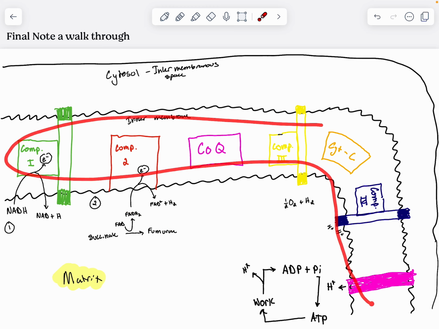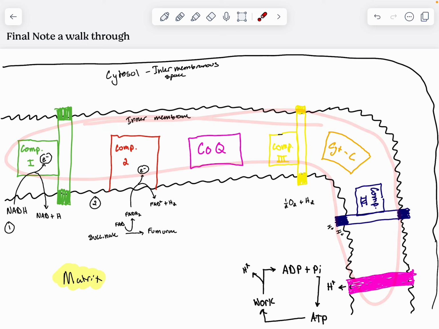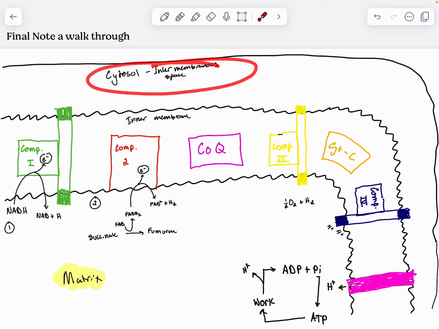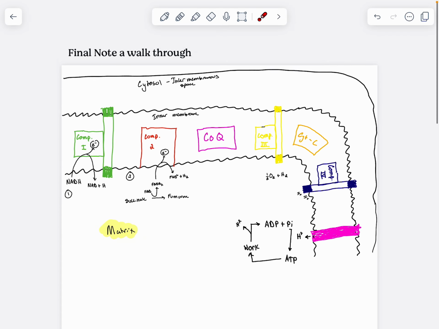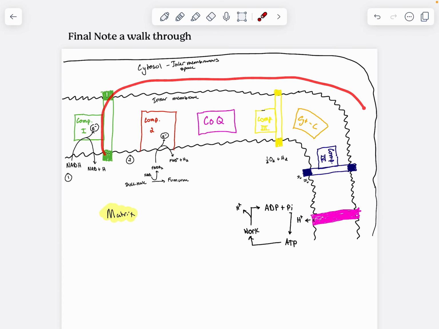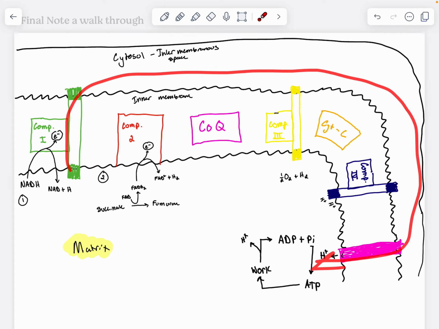Within our inner membrane is where we have a lot of our protein complexes: complex 1, 2, CoQ, complex 3. And up in here is our intermembranous space, in between the inner membrane and the external membrane, which you will see referred to as basically the cytosol.